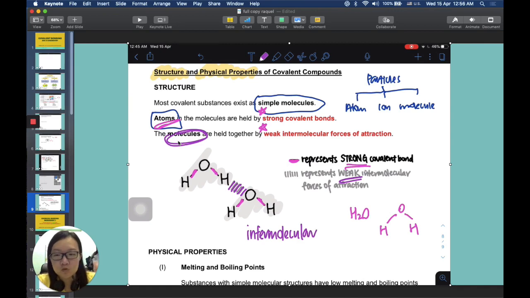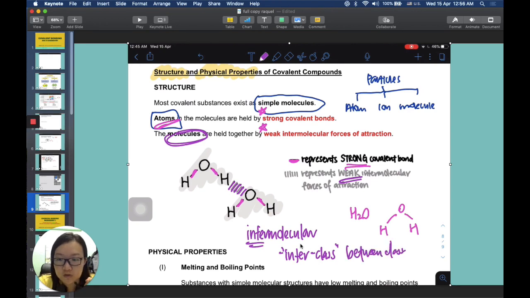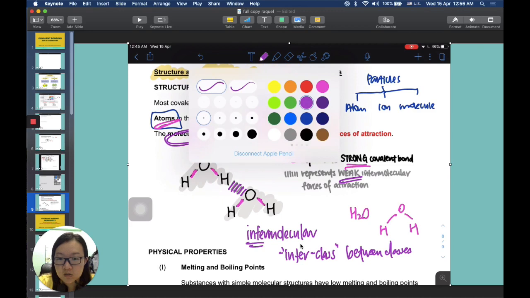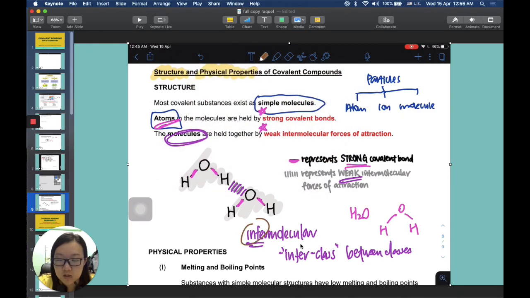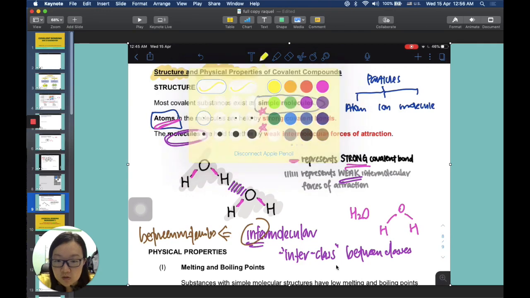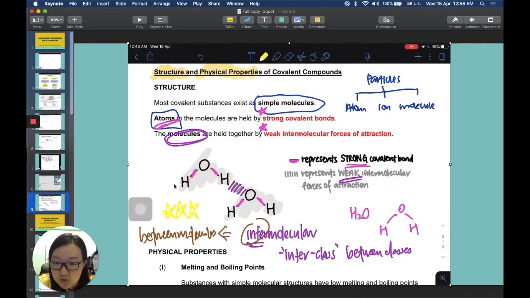Let's have a look at this term, intermolecular. You can think of it like during sports meets, you have inter-class competition. Inter-class means between different classes. In this case, the term intermolecular basically just means between different molecules. So the weak intermolecular forces of attraction between this water molecule and this water molecule.